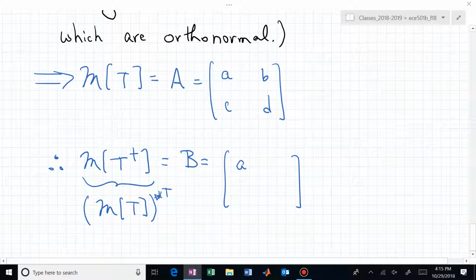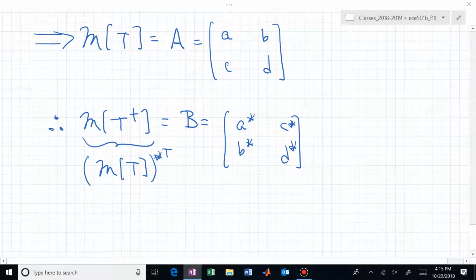I'm not changing anything on the diagonal, but I need to conjugate it. So I have A star and D star. The off diagonals I need to transpose, so they are going to flip or exchange to different locations, but I also need to conjugate those. And that's now my matrix representation of the adjoint.